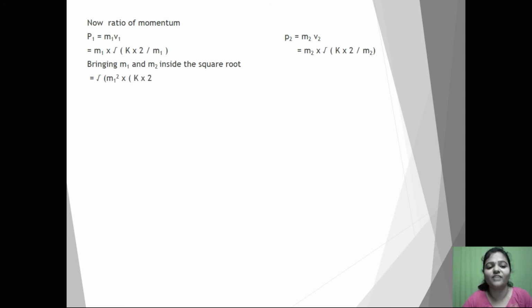The next step we will cancel this m1 square and the m1 which is in the denominator. On this side it is square root of m2 squared into K into 2 divided by m2. Here also we will cancel m2 squared in the numerator and m2 in the denominator.